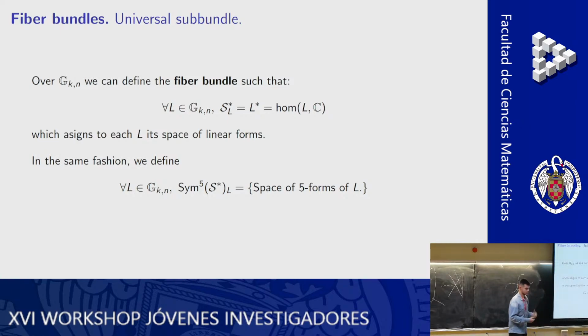And we could associate to each point a space of forms of degree 5. That doesn't make any difference, but the notation is way more terrifying. But it's only that. We are only taking in the point L the space of the forms of degree 5 over L.